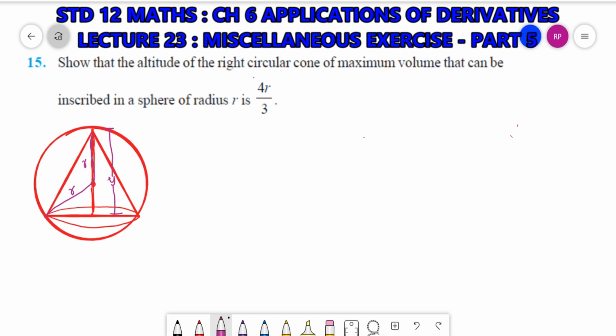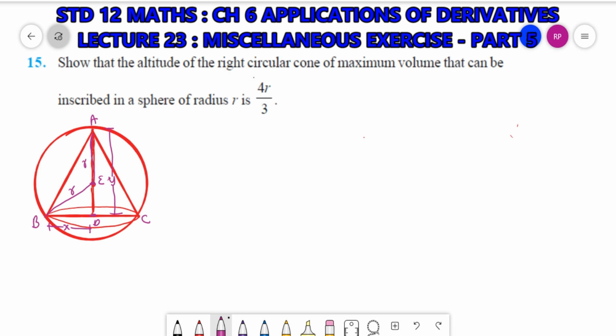Now let the radius of the cone be x, this is x. Let's name the cone A, B, C, D and E. So now what will be ED?